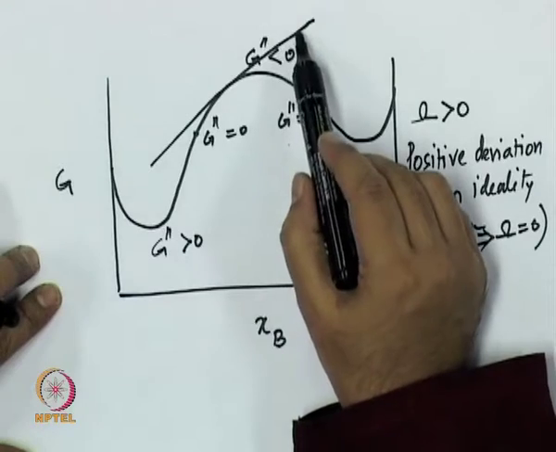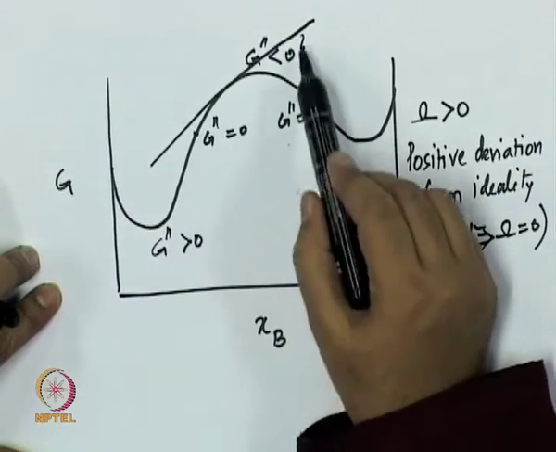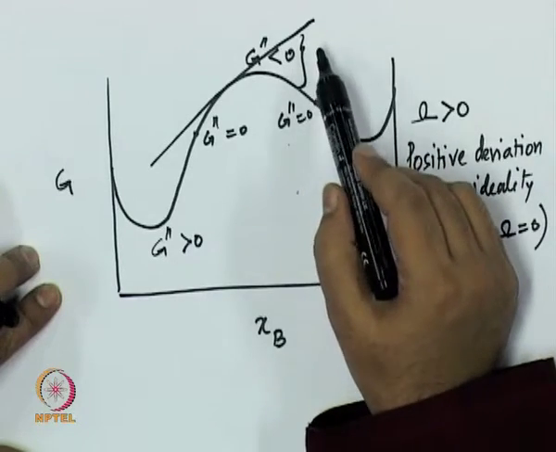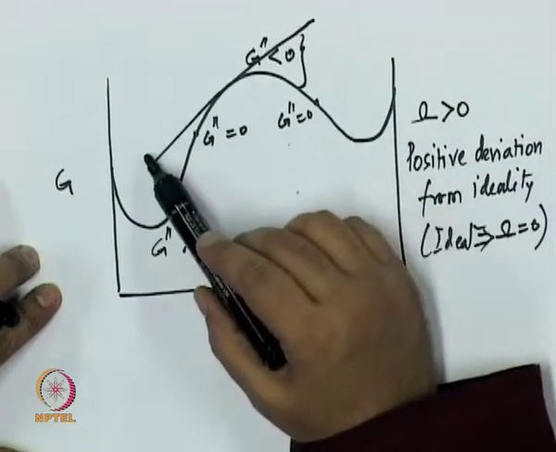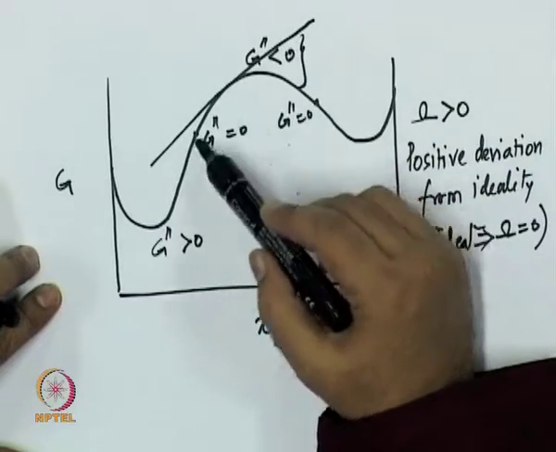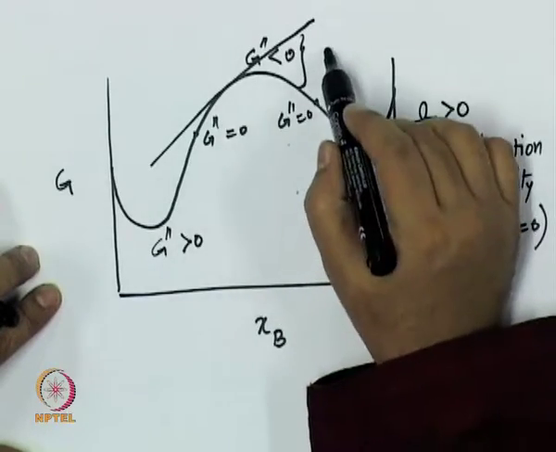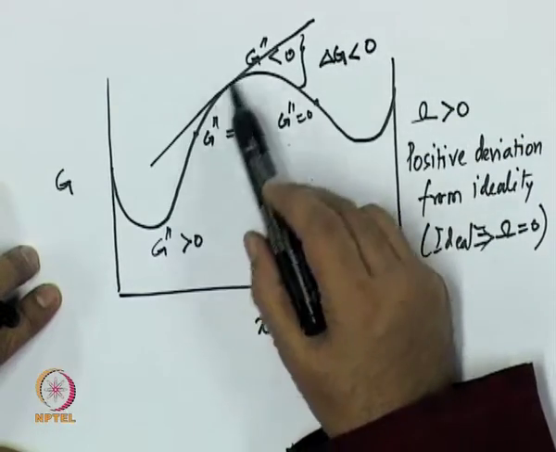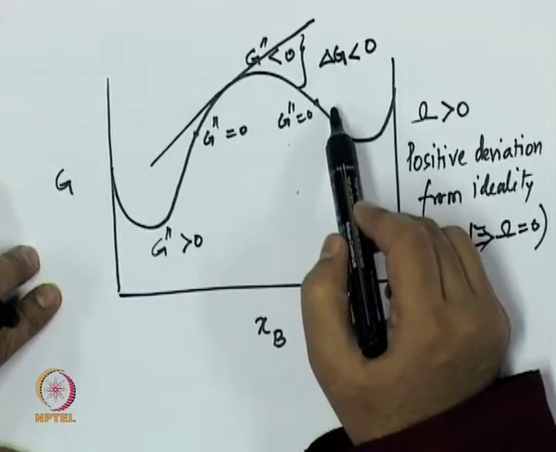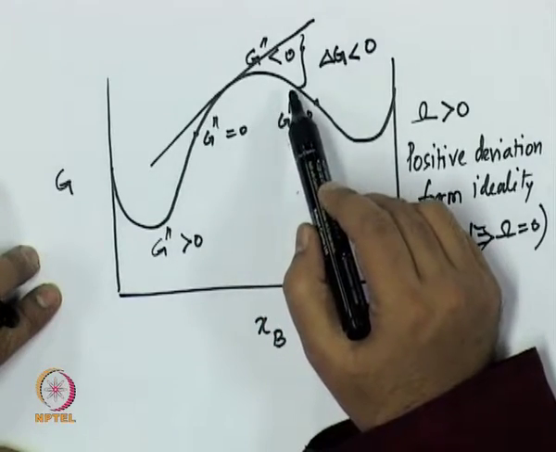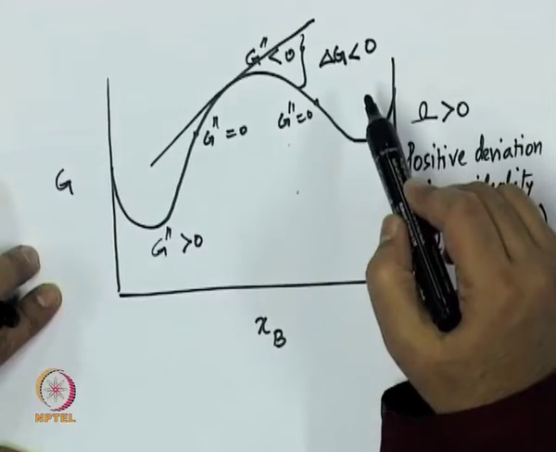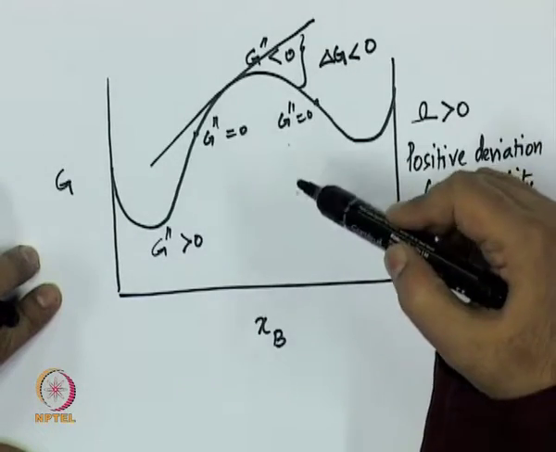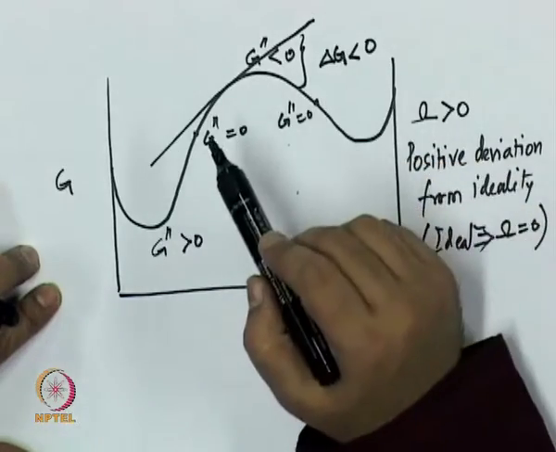And we said that the free energy change associated with producing something of this composition, for example, will be this, which means that free energy change is negative, right, because all the points are lying below this line, which means all the free energy changes that we are going to be calculating will be less than 0. So, anywhere in between this region, because any tangent that you can draw is going to be above this entire curve, the free energy change is always going to be negative. So, spontaneously it will go into the phase separation.